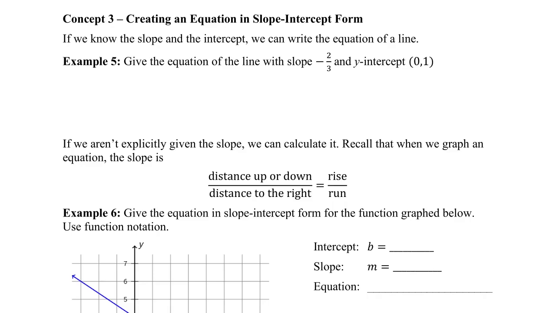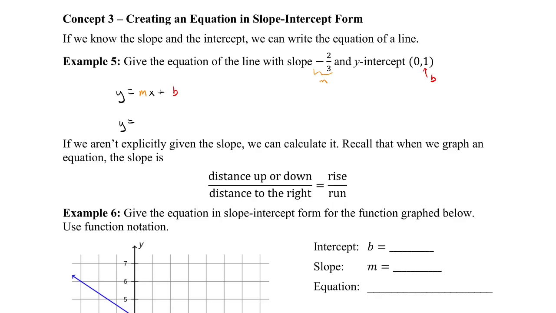If we're just given the slope and the intercept, so the slope is the number m, the y-intercept is the point 0, 1, so that's telling us that b is 1. We can directly write down the equation in the form y equals mx plus b by just dropping those numbers into their positions.